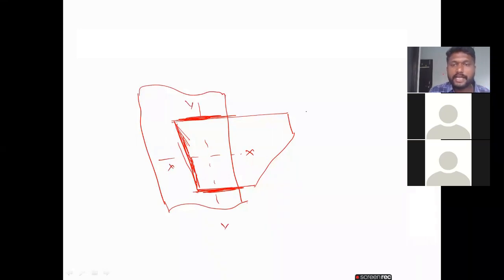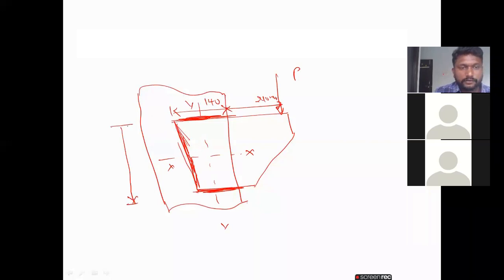The load is acting here, the P. And the distances they given like this. This is the 140 and also this is the 240 mm. And the D is they given 320. And this is the bottom right corner.